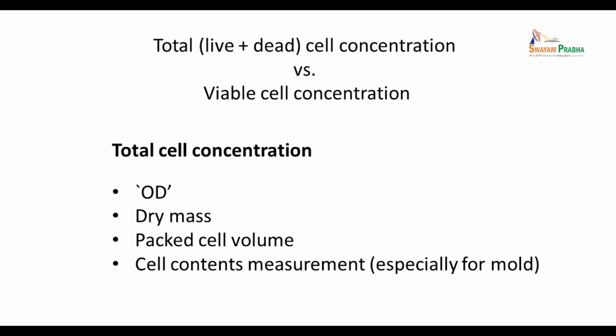We said, if you remember, that molds are organisms that grow by extension of hyphae. So the number of cells may not be an indicator, it's just one cell, but increasing in mass through extension of hyphae. For such organisms, we measure the contents of the cell. Those are the methods for total cell concentration measurement. Let us see the principles one by one.